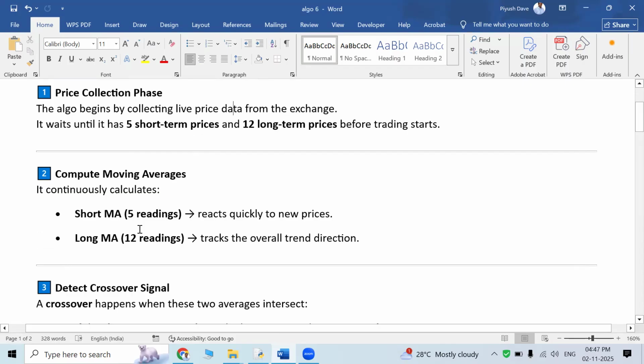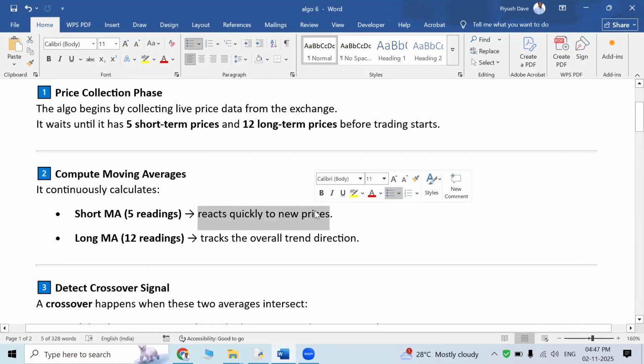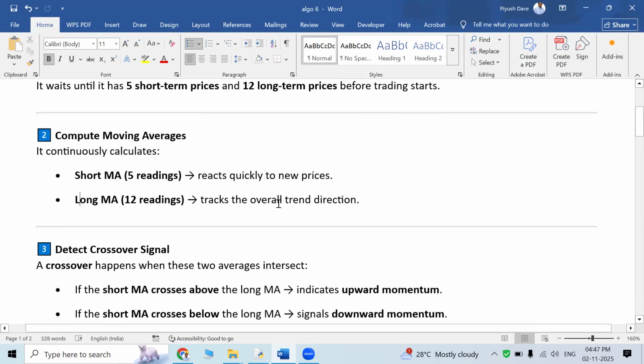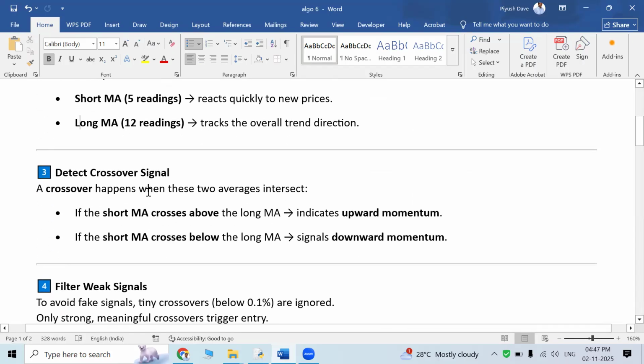Short and long here do not mean sell and buy. The short moving average helps us understand how the price is reacting, and the long moving average tells us the trend of the market.